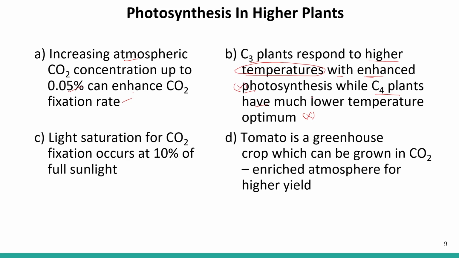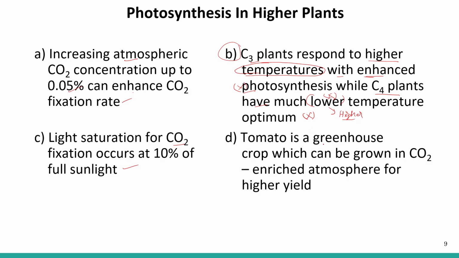Okay, and C4 plants have a higher temperature optimum, and not lower. So this lower is incorrect here. So this entire statement is not correct. Option C is light saturation for carbon dioxide fixation occurs at 10%. This is correct.